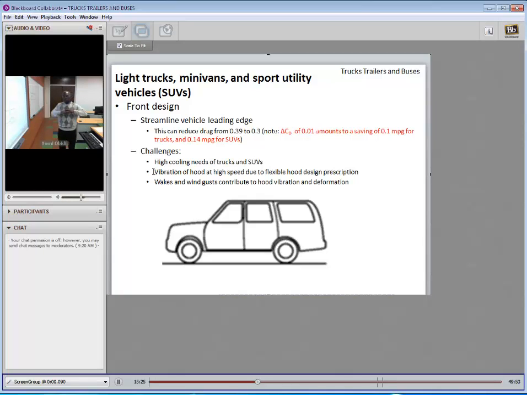So the wakes and the winds actually deform the hood in the newer design vehicles, and there's also the vibration of the hood itself at high speed. So you have the effect of air and the structural vibration in the design itself, and these generate turbulence and do not help in reducing the drag of the vehicle.